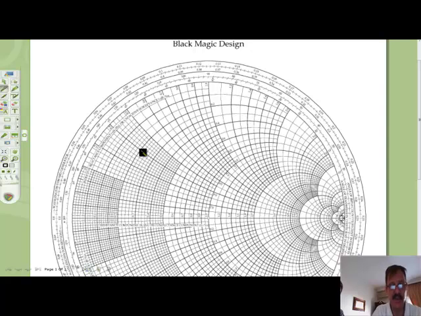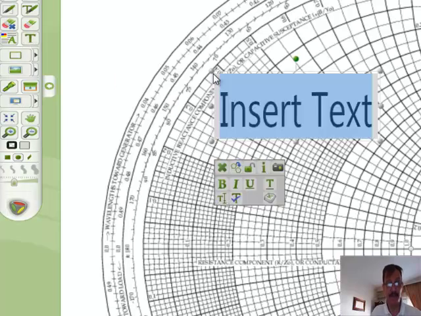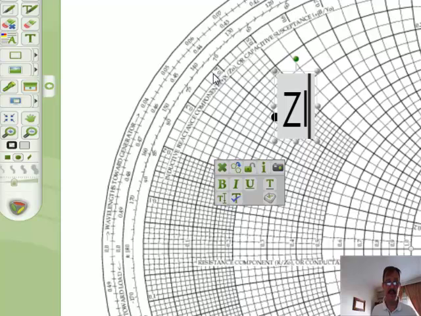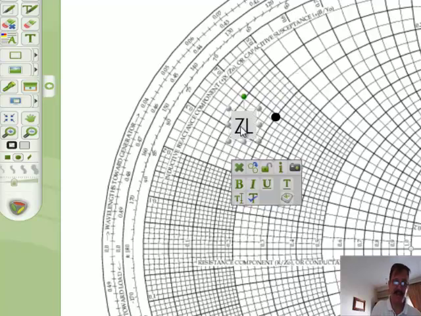So this is exactly where our value needs to be plotted. Maybe it's a good idea to plot it there, and maybe you could now write ZL normalized, just to keep track of where we are exactly in there.